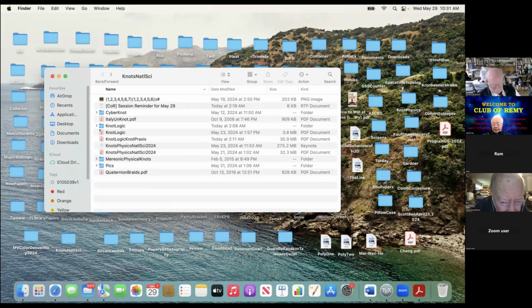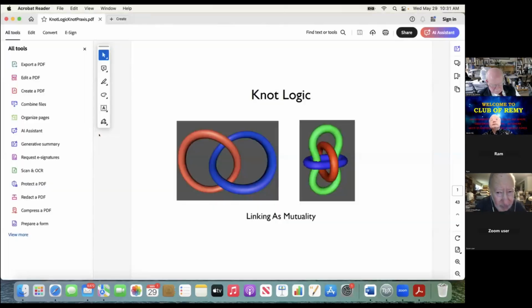Just want to make sure I've got the right one. There it is. Okay, so I'm calling this little slideshow not logic because I'm talking about general properties of things and also about how the formalism of the knots could be used to indicate other things than knots if you wanted to.